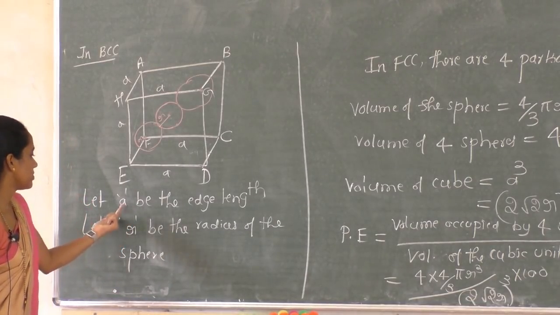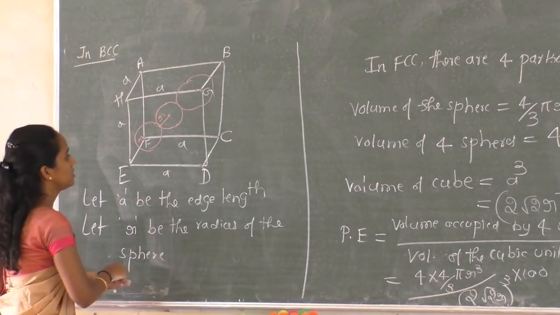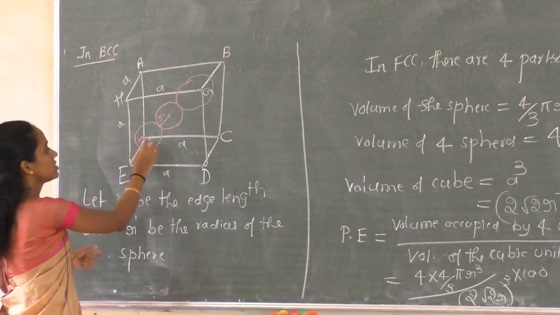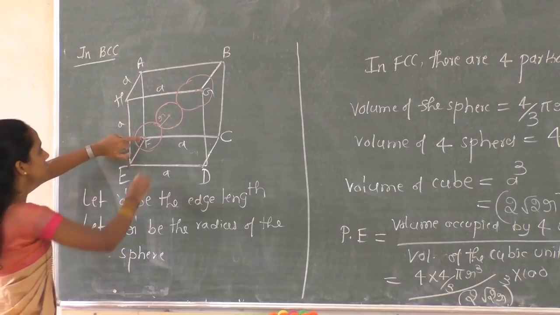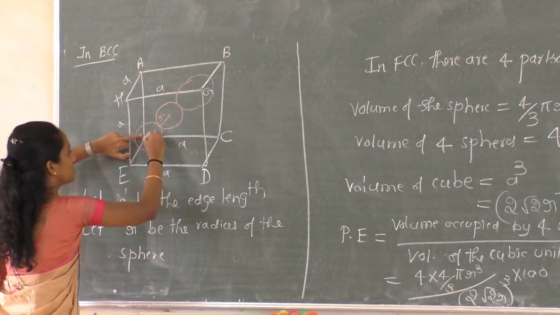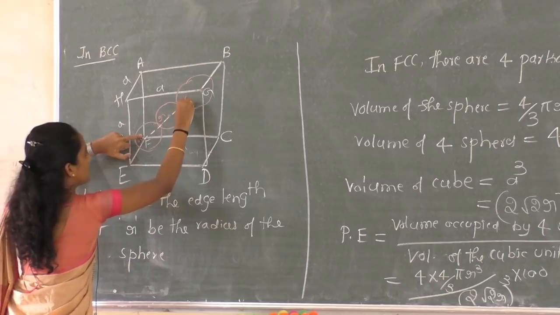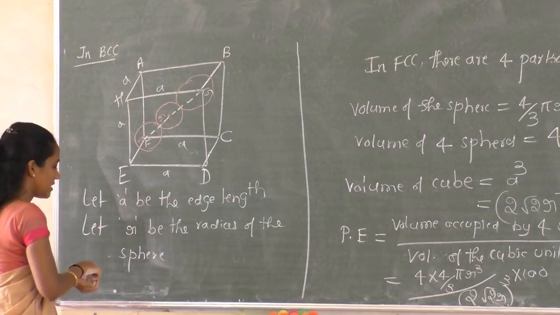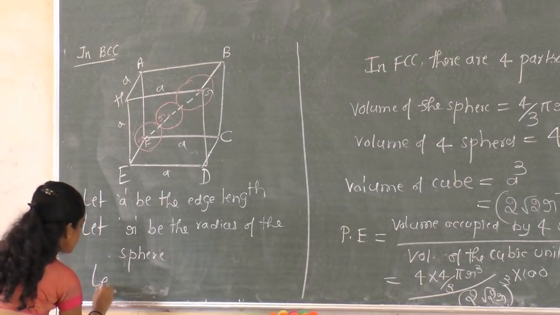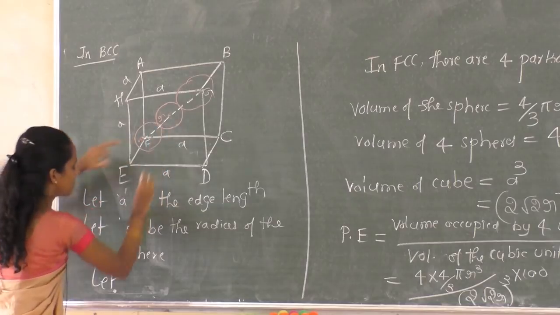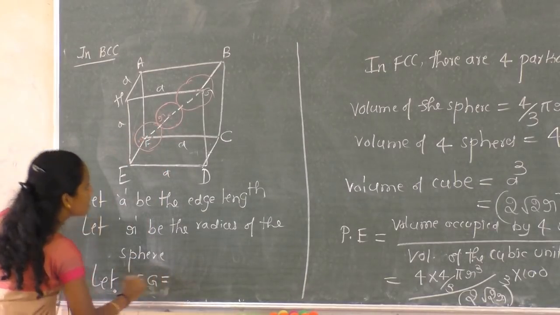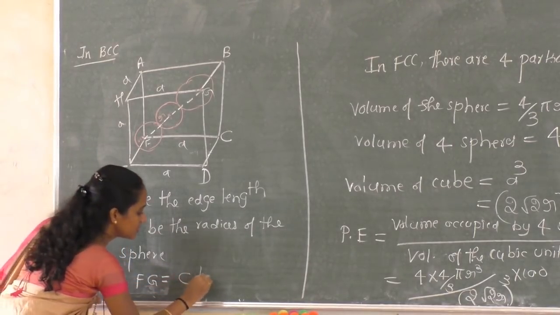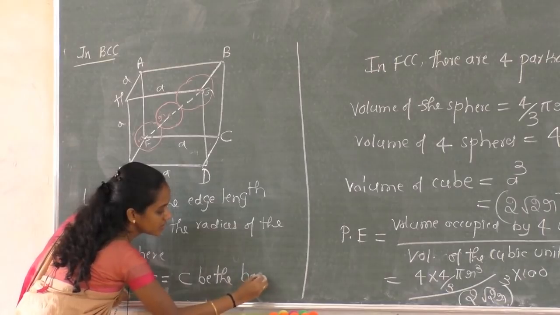Now, let us obtain the relationship between A and R. Directly we cannot write the relation here. So for that, what we have to do is, we need to join these two corners. So join the corners F and G. Let FG equal to C, small letter C, be the body diagonal.